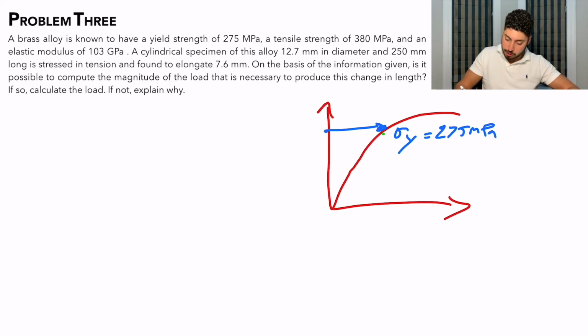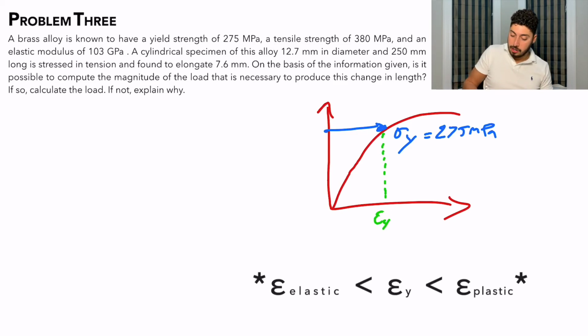If the strain that we calculated at our test is greater than our strain at yielding, we are in the plastic deformation area. If we're less than, we are in the linear elastic region.